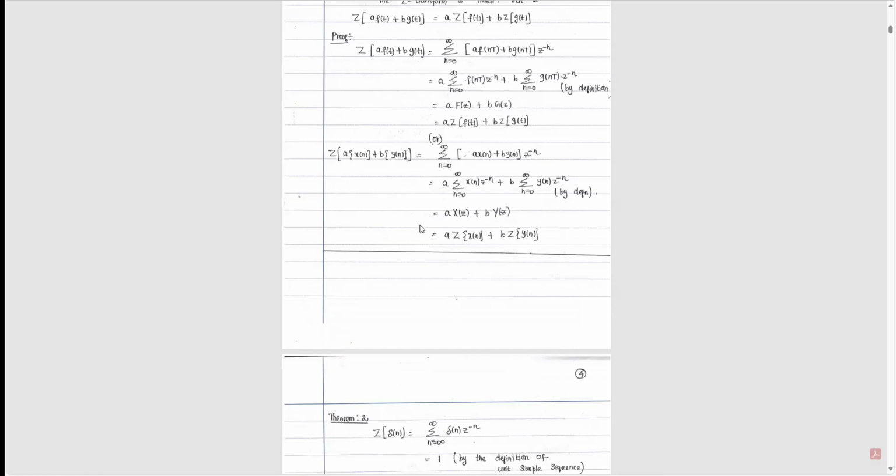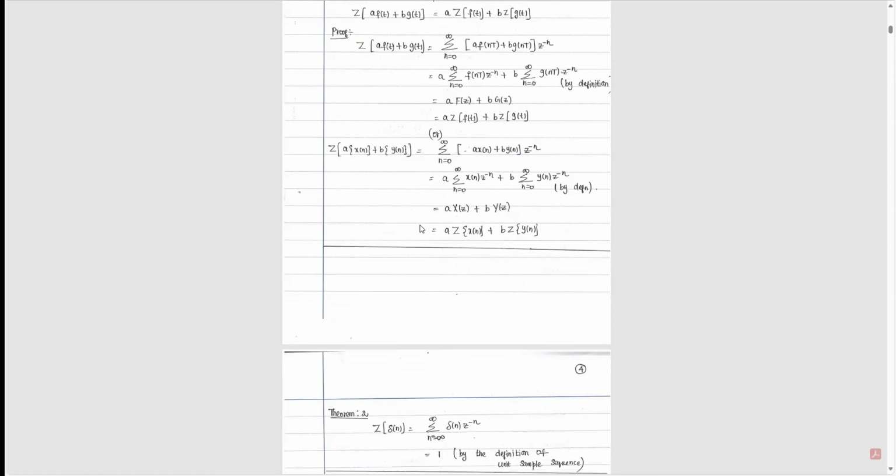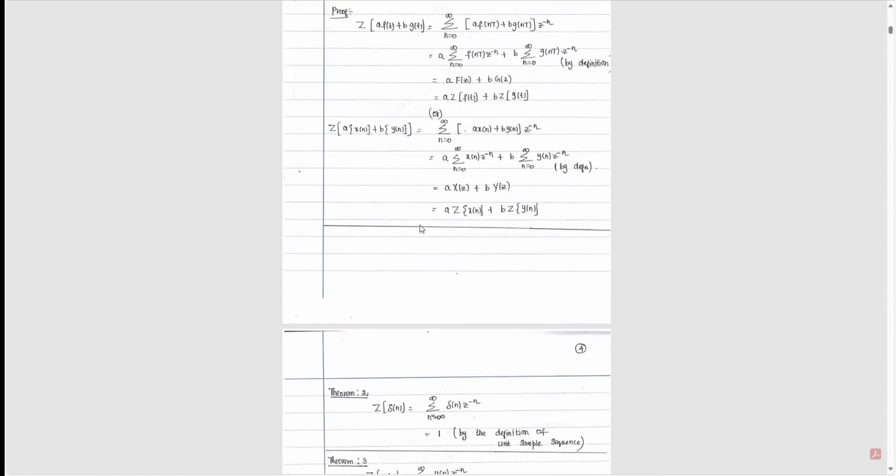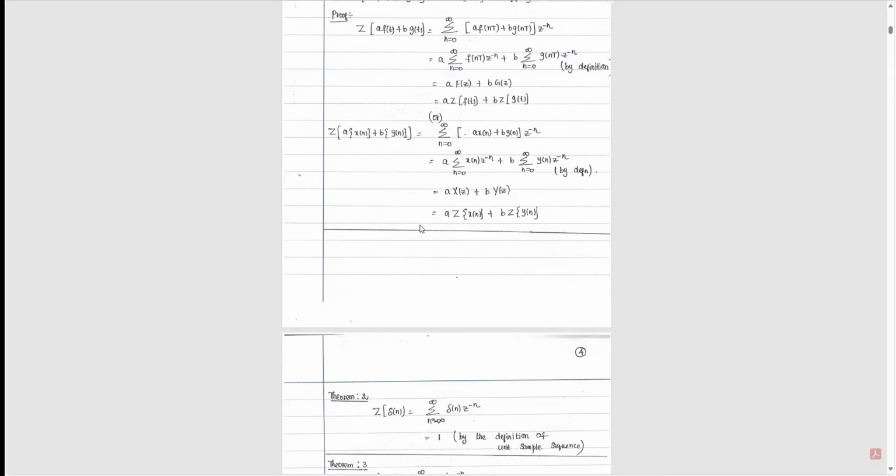So let us use the formula to prove it. It's so simple. If you feel any problem, then we will do it on the whiteboard. We are finding the Z transform of a f(t) plus b g(t). Obviously, we will use the formula and take the summation with both.